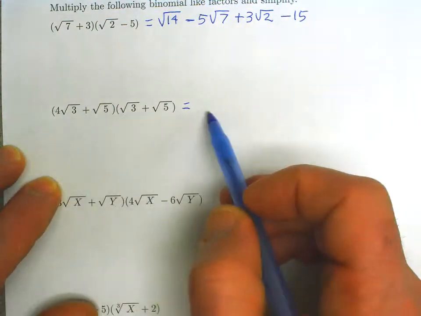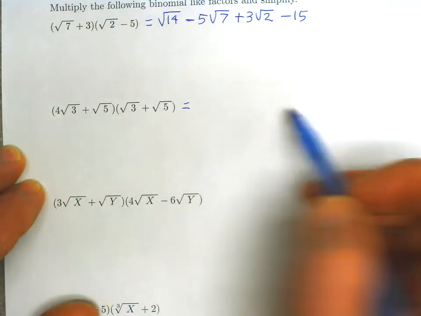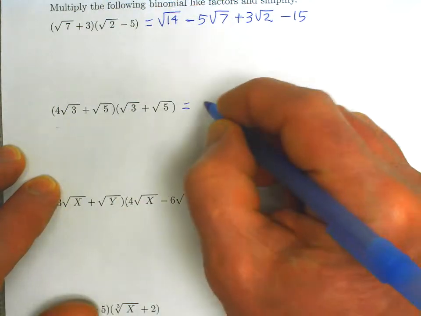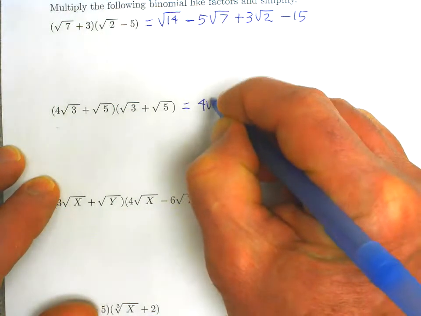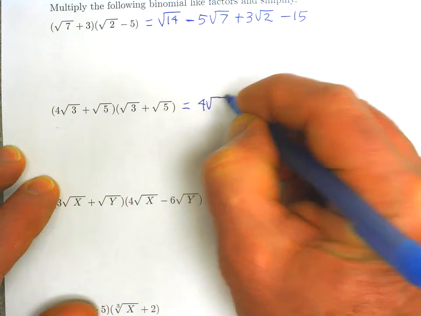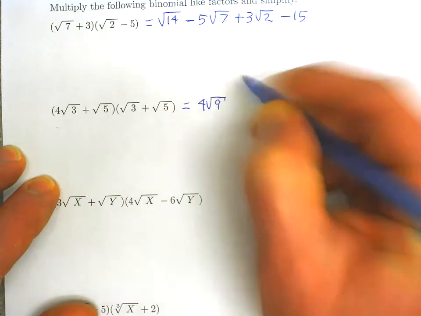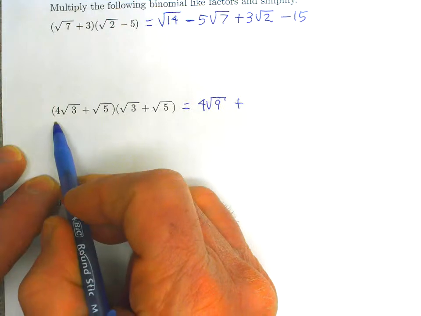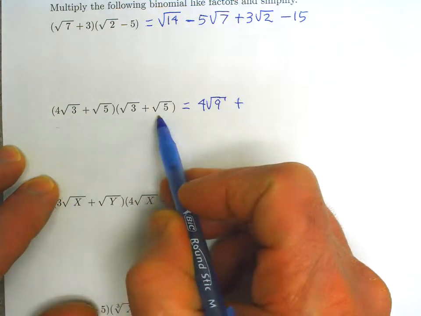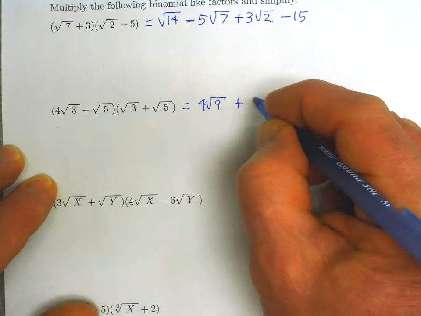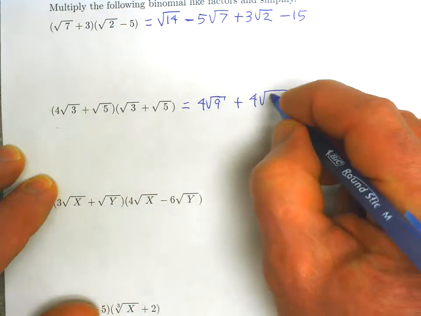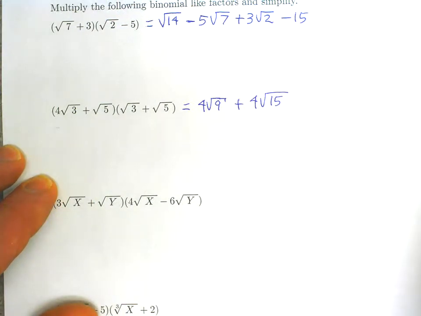I'll write down a little bit more detail on this one. We have time. 4 times the square root of 3 times the square root of 3. Think of that as 4 times the square root of 9, because 3 times 3 is 9. And then plus 4 times the square root of 3 times the square root of 5, which is 4 times the square root of 3 times 5, or 4 times the square root of 15.